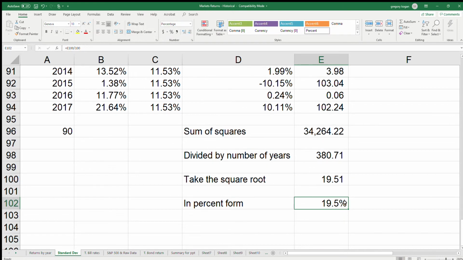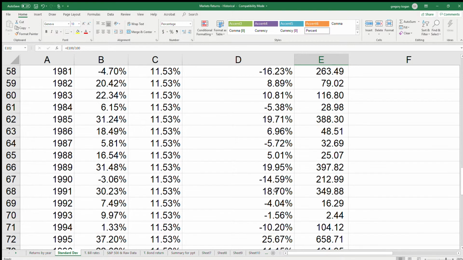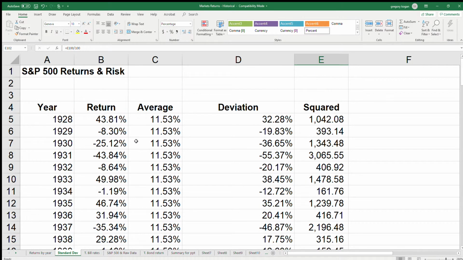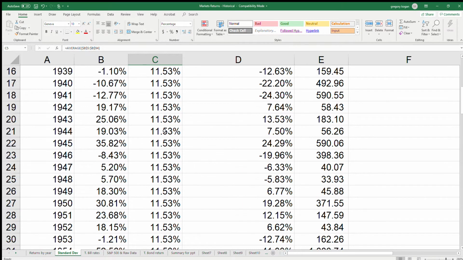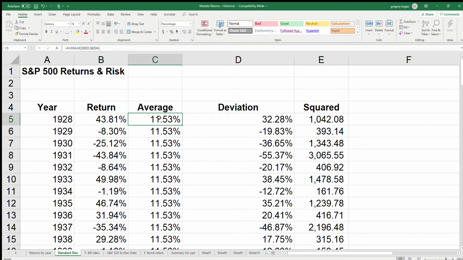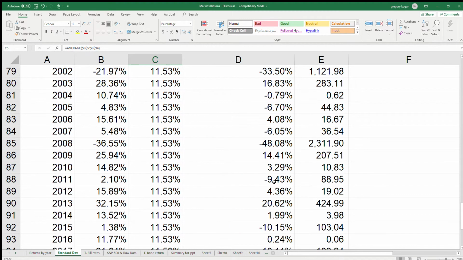So basically what we're getting here is, on average, the return varies from 11.53 by 19.5%. This means that yes, if I invest in the market, on average I'll get 11% return, but it will deviate from that by about 19.5%.